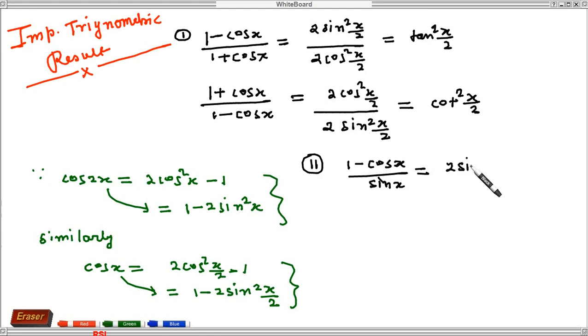So 1 minus cos x can be written as 2 sin square x by 2, and sin x can be written as 2 sin x by 2 into cos x by 2. So the sin squares cancel, the 2 cancels, and tan x by 2 will be the final result.